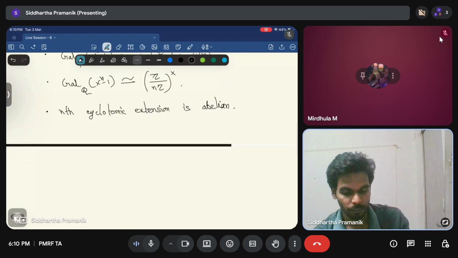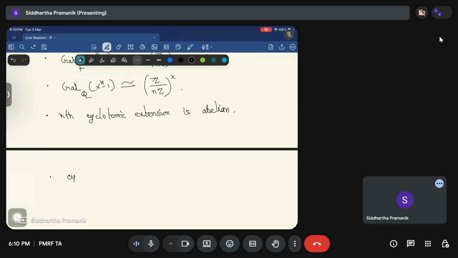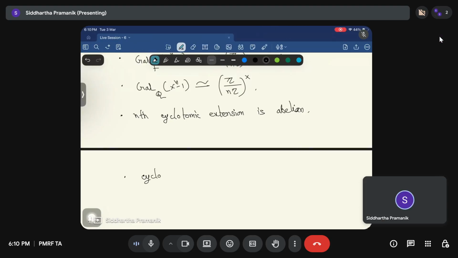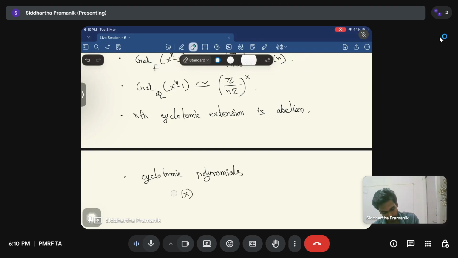Then we defined cyclotomic polynomials. We denoted this as phi n of x.